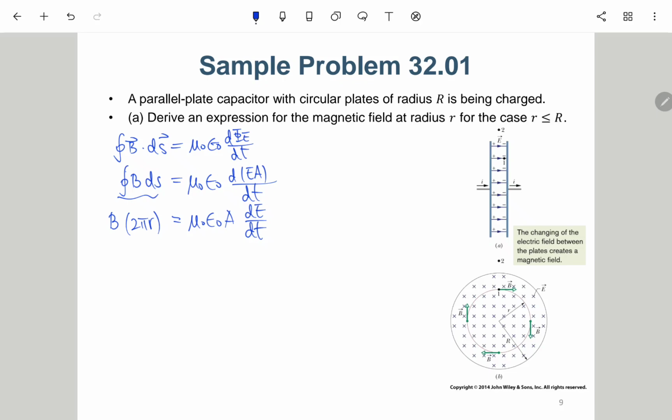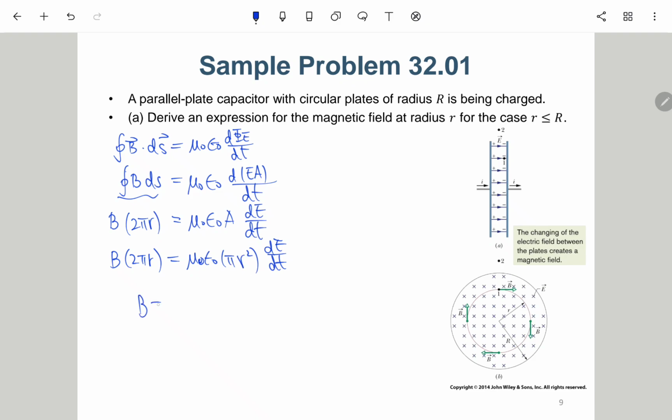Okay, and then on the left side it's the same, and on the right side mu 0 epsilon naught, and this is the area of a circle, so this is pi r squared, and then dE dt. Now r is smaller than capital R, so the area is small r.